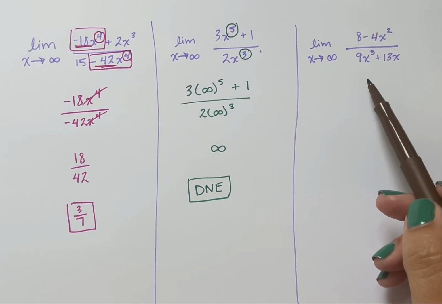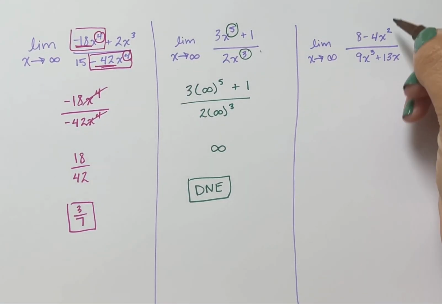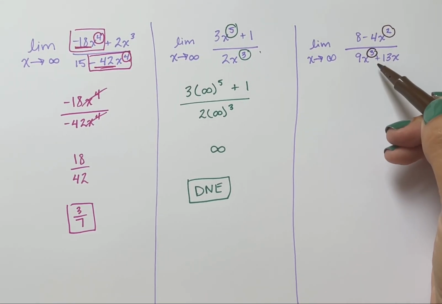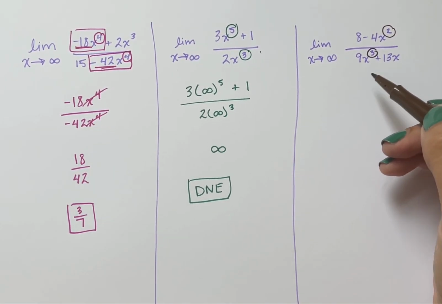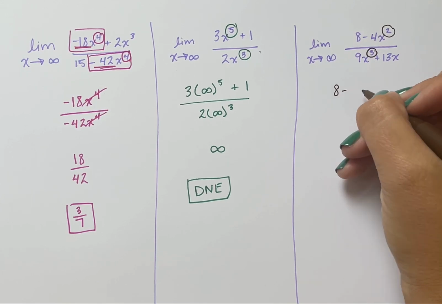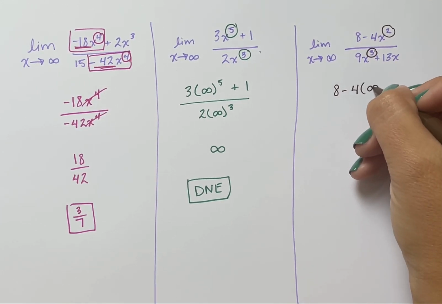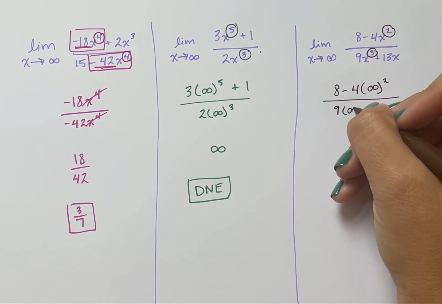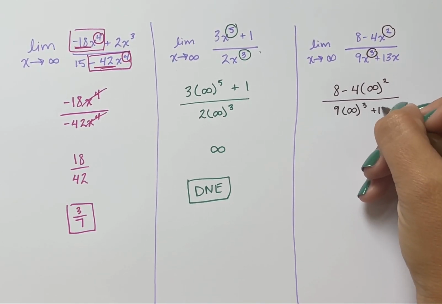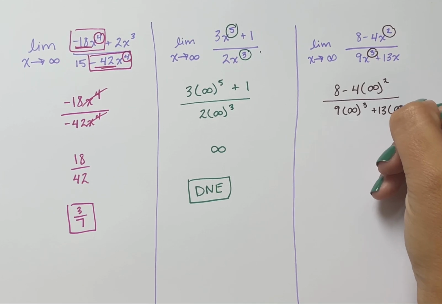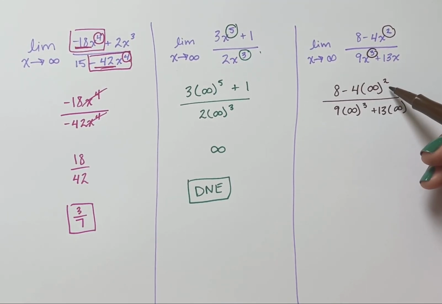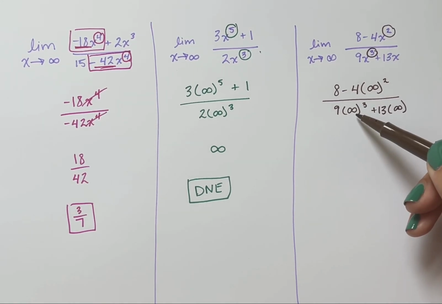Okay, and for our last example, here we have a numerator with a smaller degree than the denominator. So in this case, again, let's think about plugging in infinity, even though that's not technically something we can really do, we can just think through what that would mean. So here we would have, in the numerator, infinity to the second power, but that's not nearly as big of an impact as this infinity to the third power in the denominator.